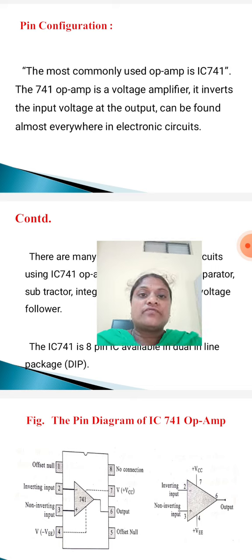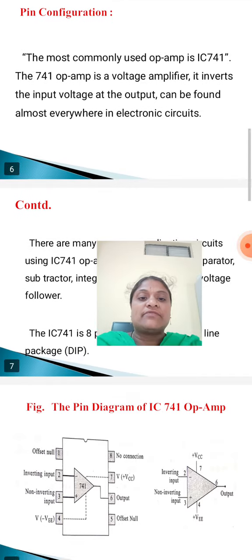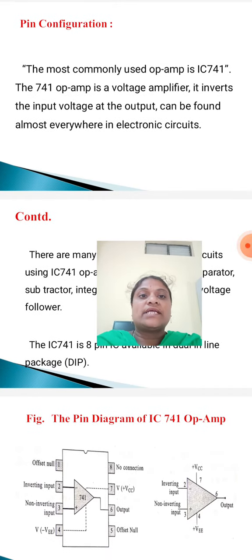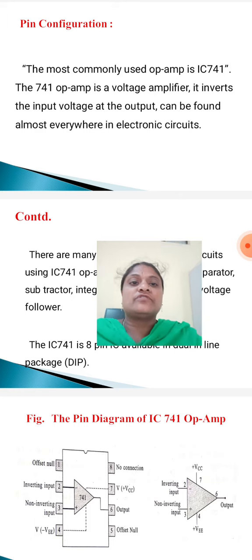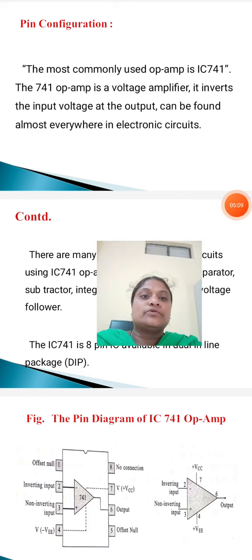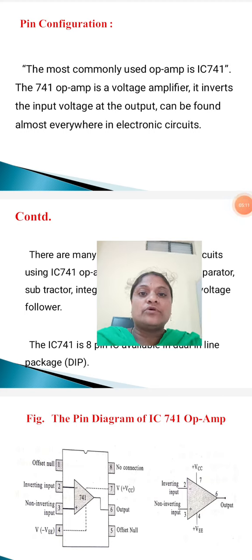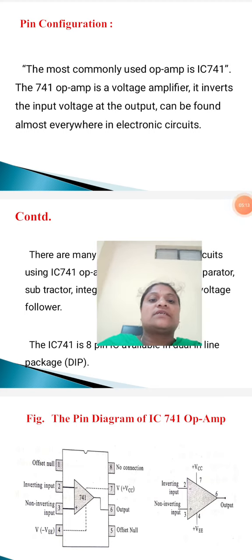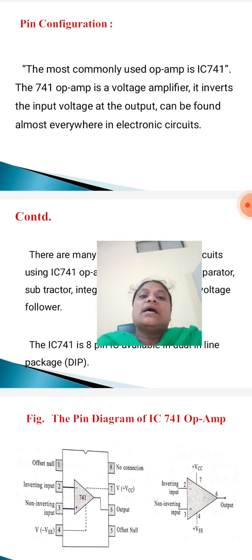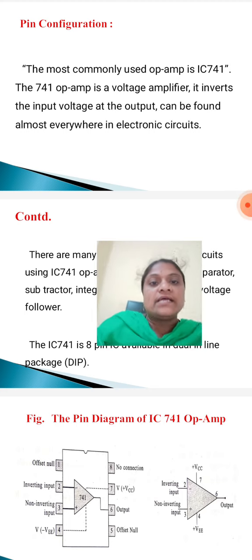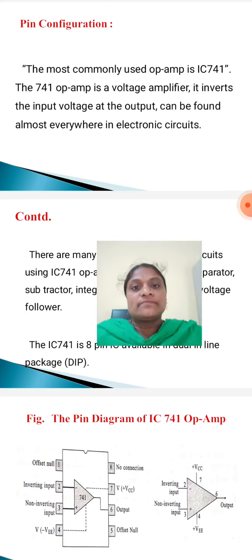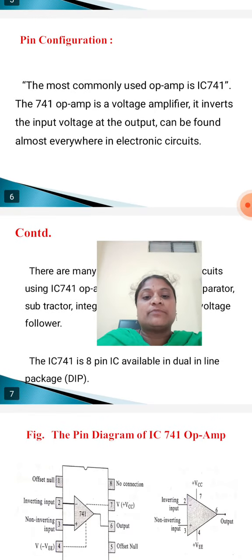The IC 741 op-amp is a voltage amplifier. It inverts the input voltage at the output. It can be found almost everywhere in electronic circuits. I repeat this point again.